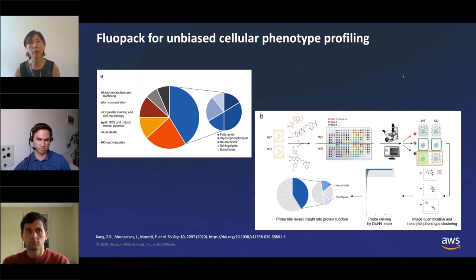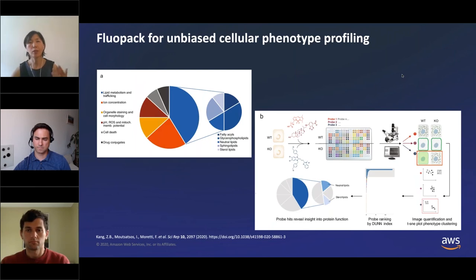So on the right-hand side, you see a typical workflow of a FluorPack experiment. This one represents a typical way of using the FluorPack platform. You have your gene of interest knocked out, shortened to KO, and the wild type is shortened to WT.